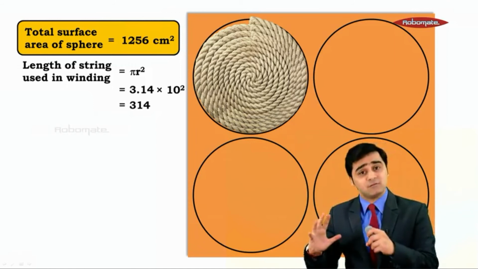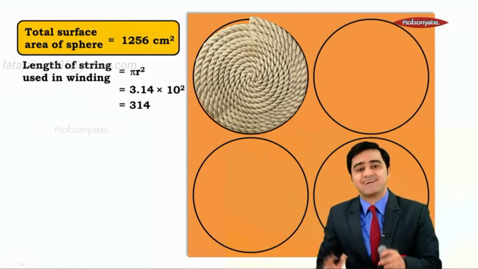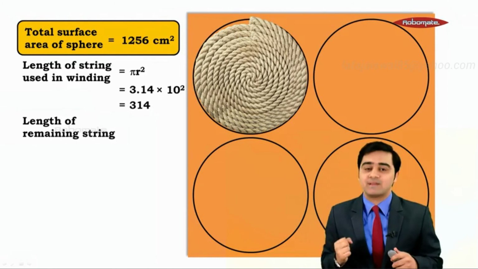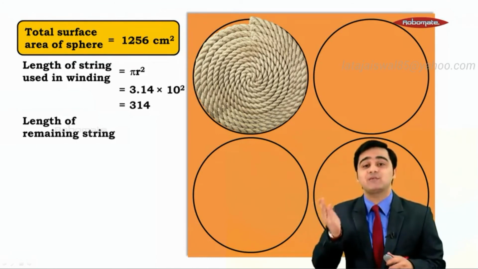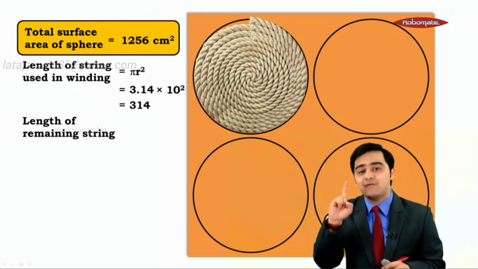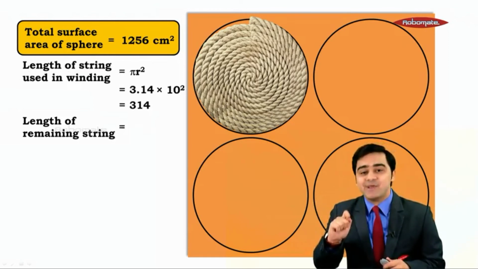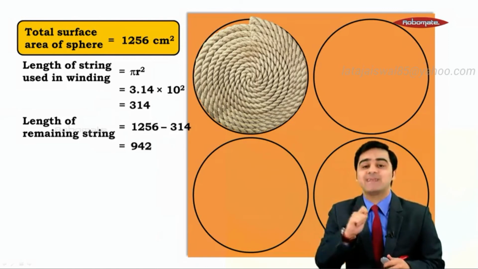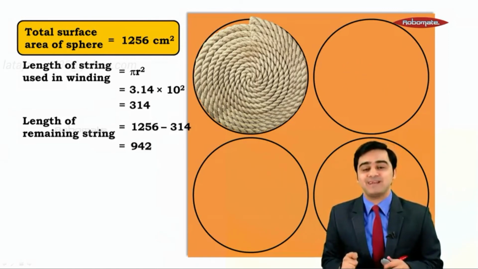My dear students, if the length of the string after winding the first circle is 314 centimeter square, what will be the length of the remaining string? We know that the total length of the string is 1256. So the length of the remaining string after winding the first circle is equal to 1256 minus 314, which is equal to 942 centimeter square.